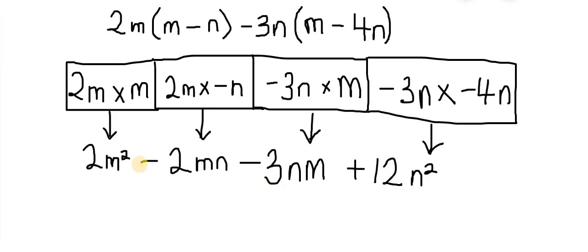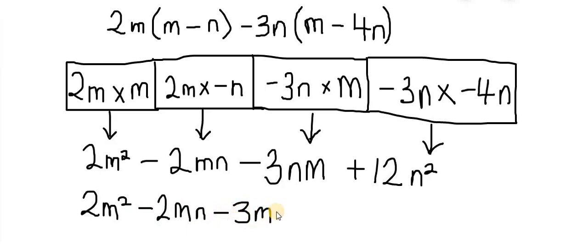Now, the only like terms are minus 2mn and minus 3nm. Now, to make this easier, you can switch one of them around so they look the same. So 2m squared minus 2mn minus 3mn plus 12n squared.